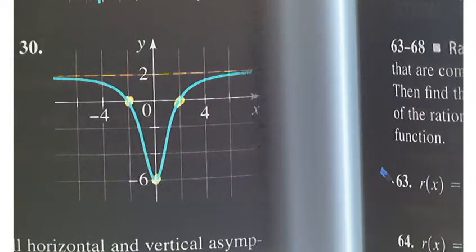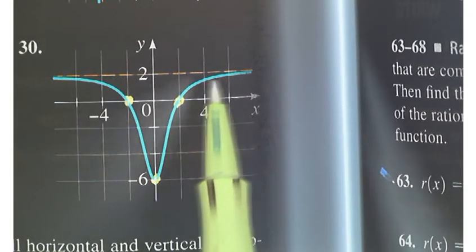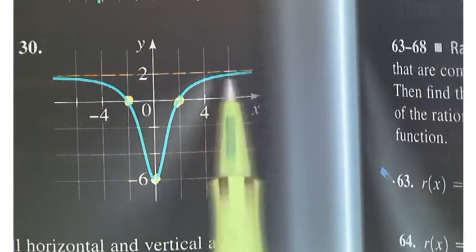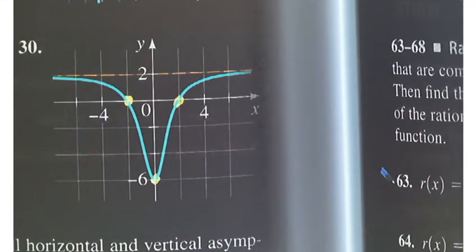Yes, ma'am. Yeah, so the graph, and they actually drew in a little dashed line here to help out. The graph is getting close to, but never quite touches that horizontal line. So that's why you've got a horizontal asymptote there. To summarize, let me zoom out a little bit.